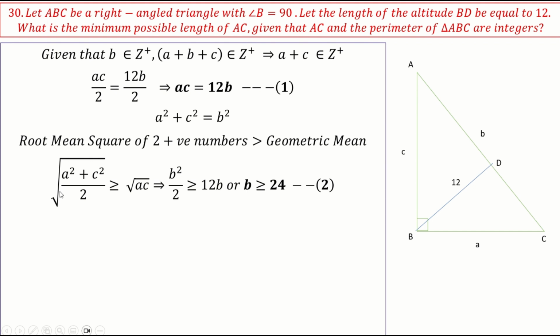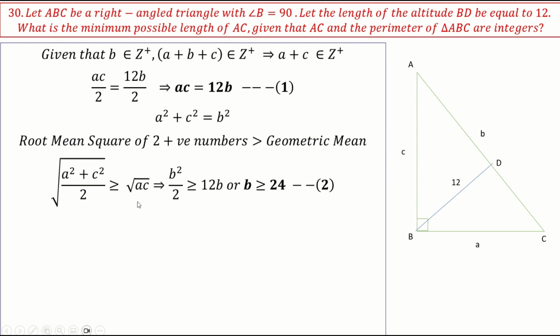I take the mean of these two numbers and take the square root. This is greater than or equal to the square root of AC, which is the geometric mean of A and C. The root mean square is the square root of A square plus C square by 2.